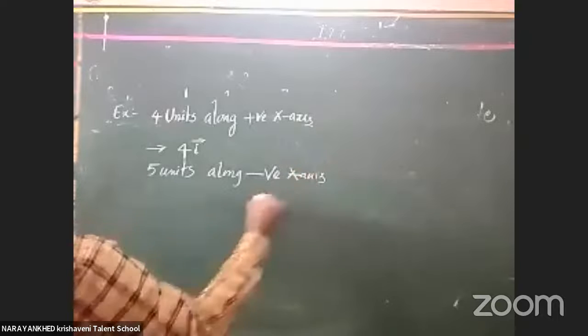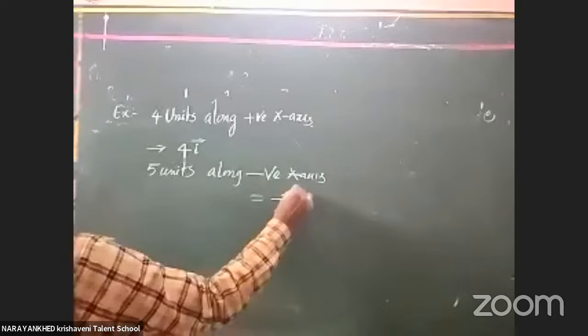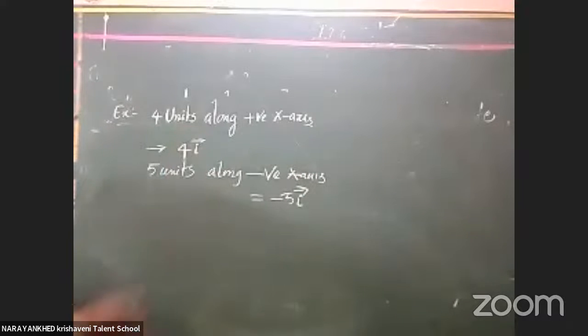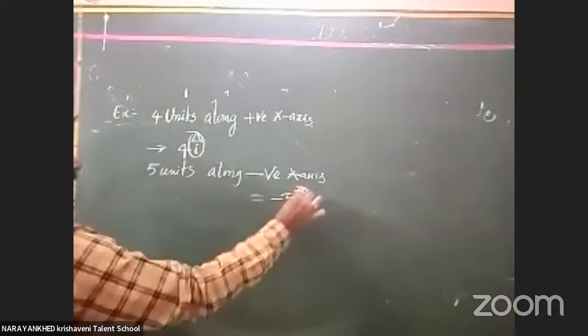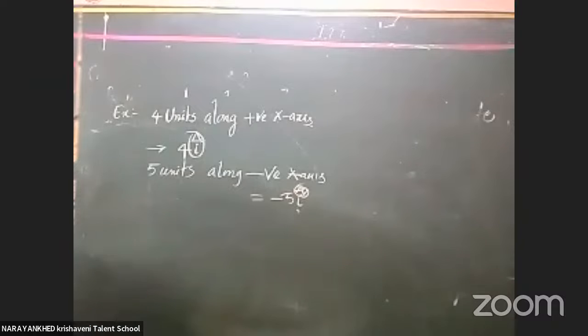Automatically it becomes minus 5 î. This î cap is the unit vector along the concerned x-axis. The unit vector along the x-axis. This is what we are interested in.